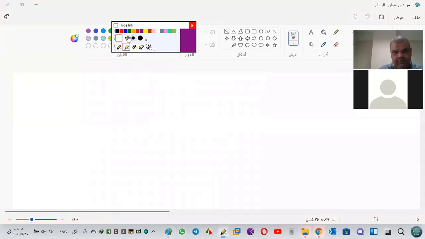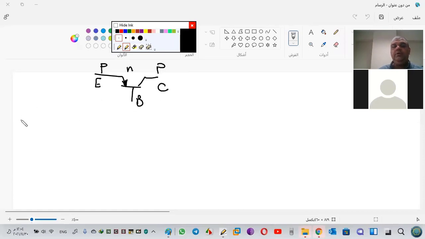First of all, this is our transistor, P in P, emitter, base, collector. Now we are talking about regions in a transistor.